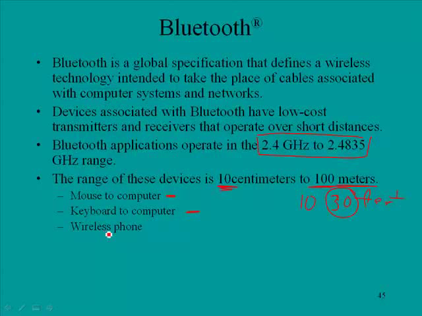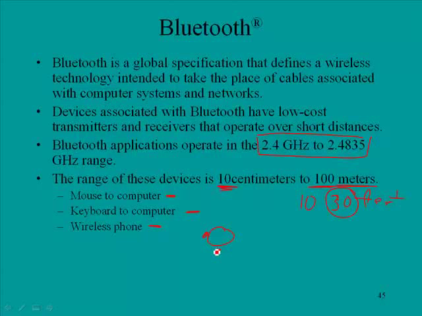One of the applications that we're seeing now is wireless phones that have a Bluetooth connection. The wireless phone itself actually uses RF, but what we're talking about here is, for example, when you're driving your car and you want to talk on your wireless phone, you have a headset connected to your ear.